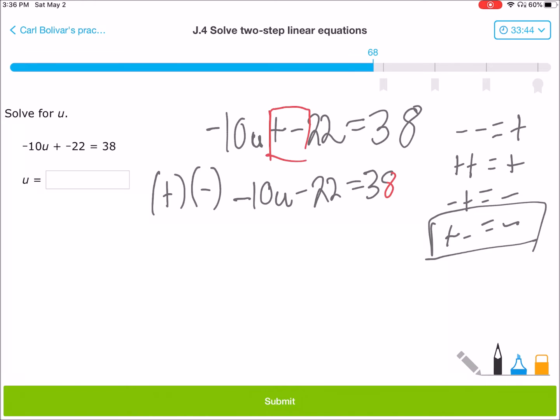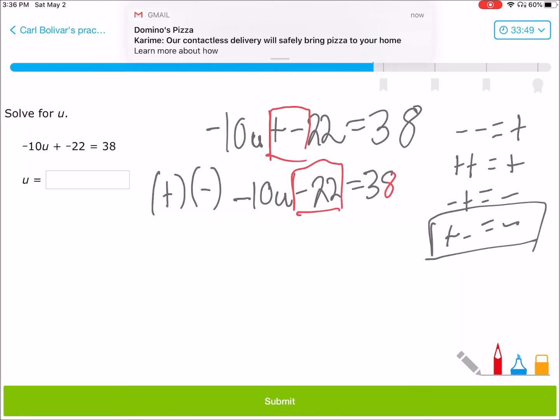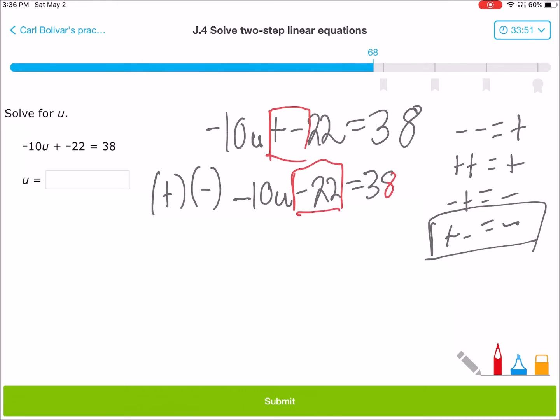So, yeah. Next, we're going to take out this integer here and put it to the other side. We can't just do that, can we? We have to add 22 to each side to make it even and to eliminate that negative 22 from the left side.